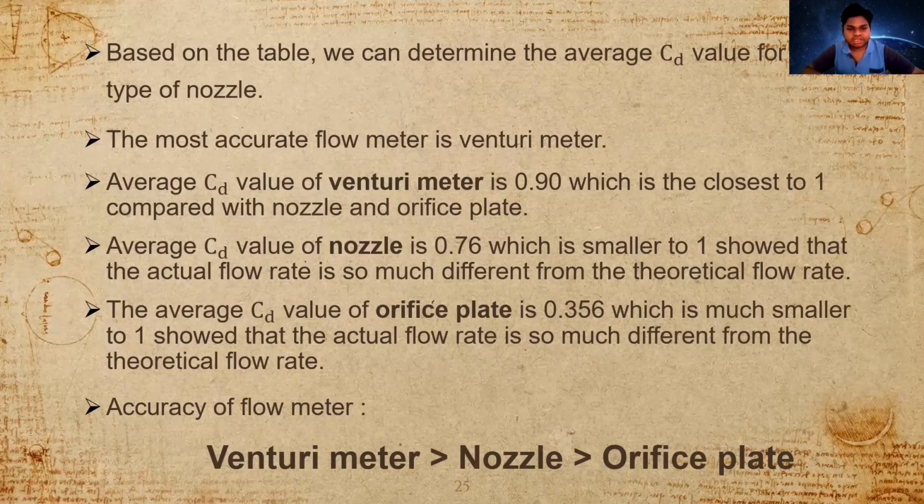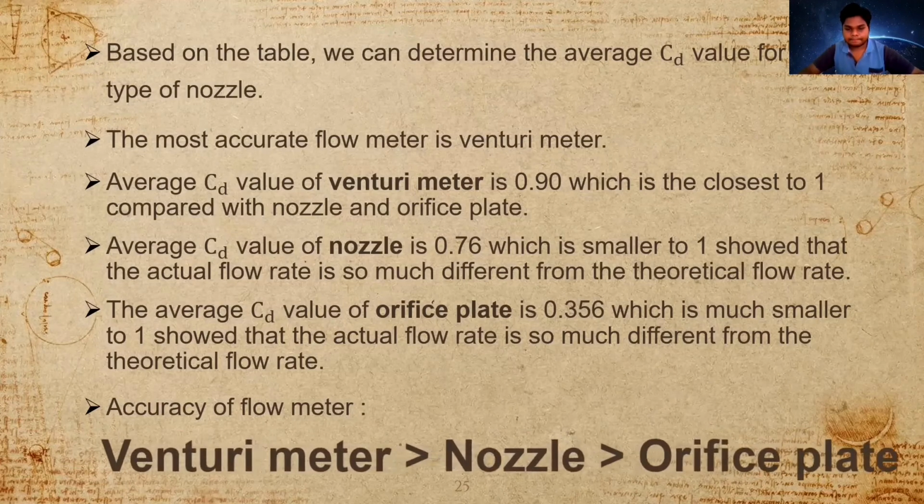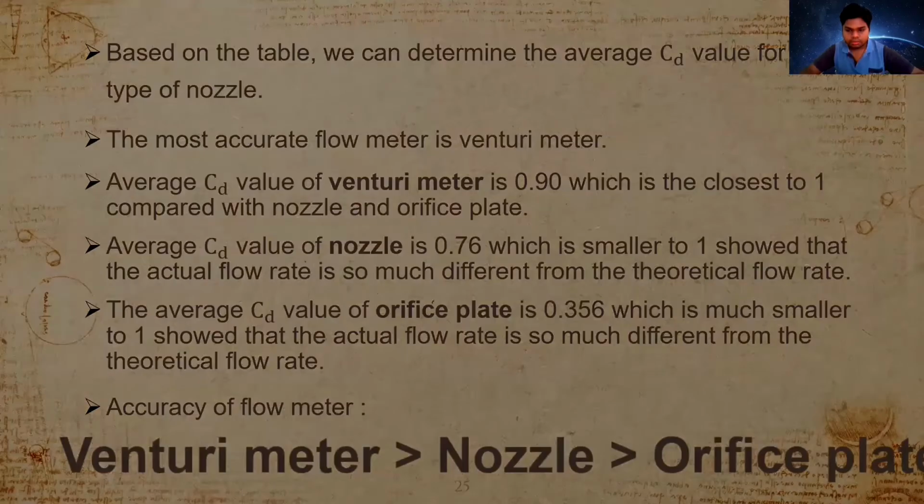The average CD value of the nozzle is 0.76, which is smaller than 1, showing that the actual flow rate is so much different from the theoretical value. And the average CD value of the orifice plate is 0.356, which is smaller than 1, showing that the actual flow rate is so much different from the theoretical value. So the accuracy ranking of the flow meters is venturi meter, nozzle, and then orifice plate.